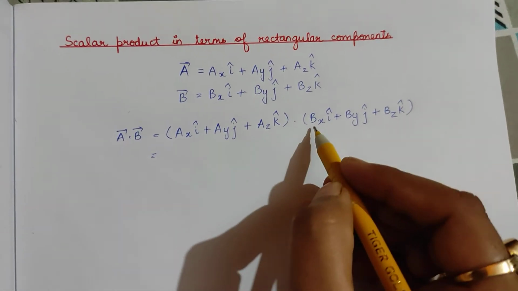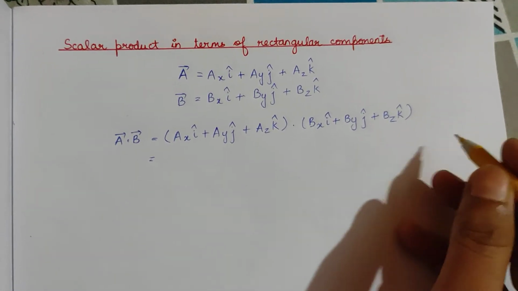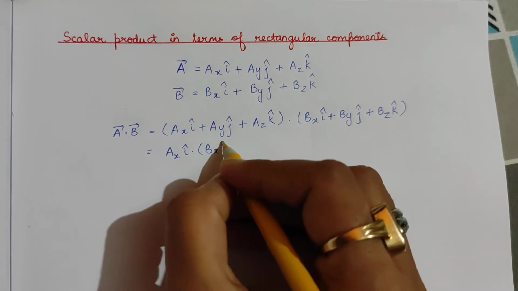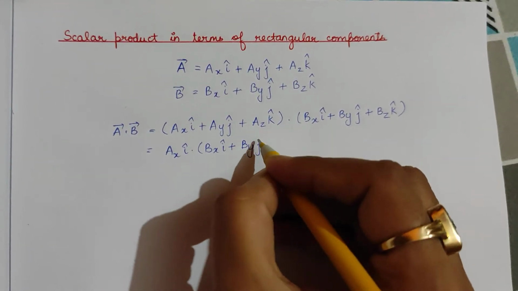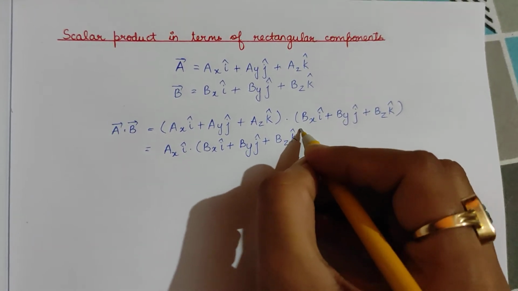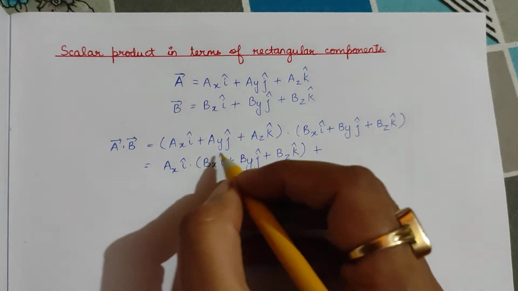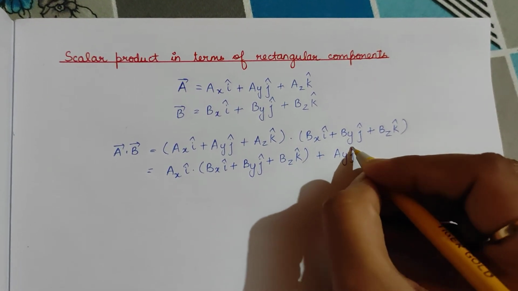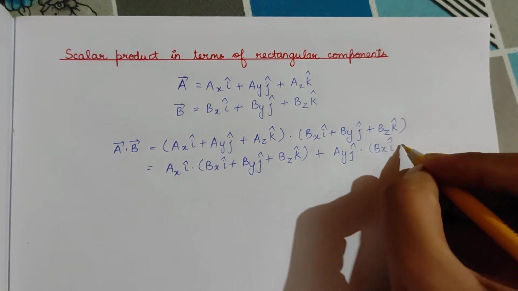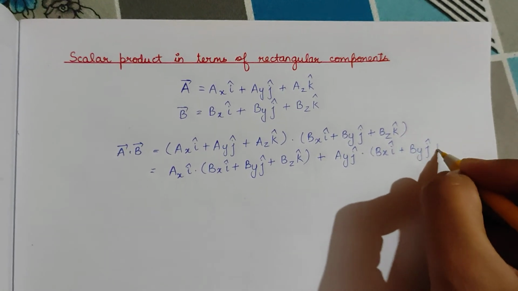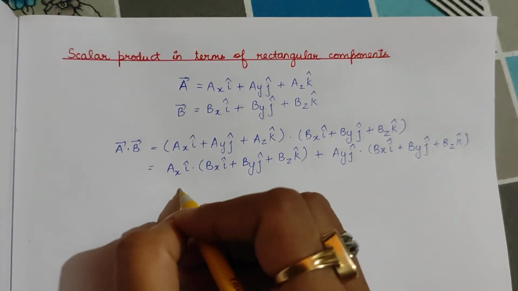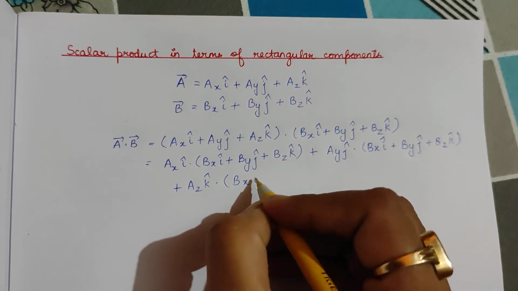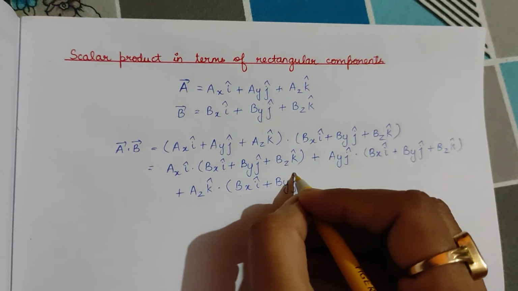First AX I will get multiplied to all three components of vector B: AX of I dot BX of I plus BY of J plus BZ of K. Plus now this AY unit vector J will get multiplied by all these components: AY of J dot BX of I plus BY of J plus BZ of K. Plus AZ unit vector K will get multiplied by these components of vector B.